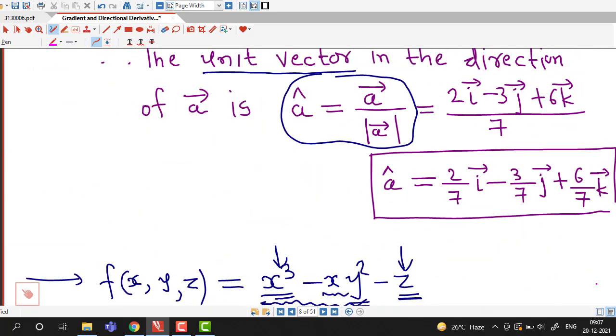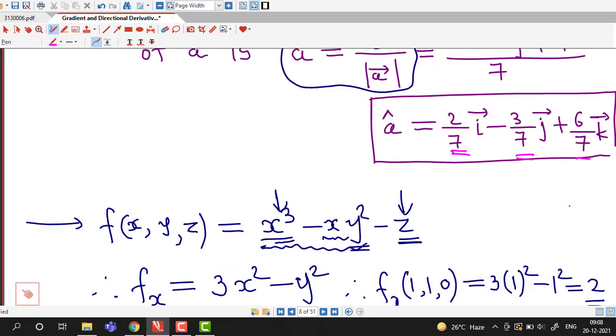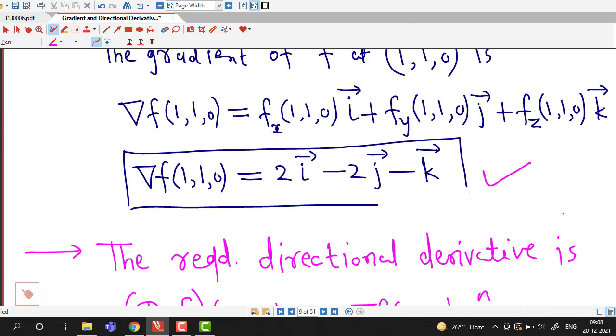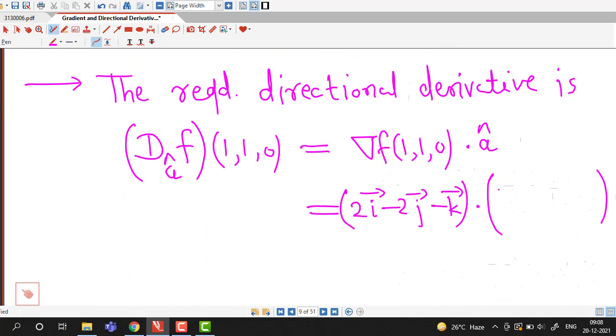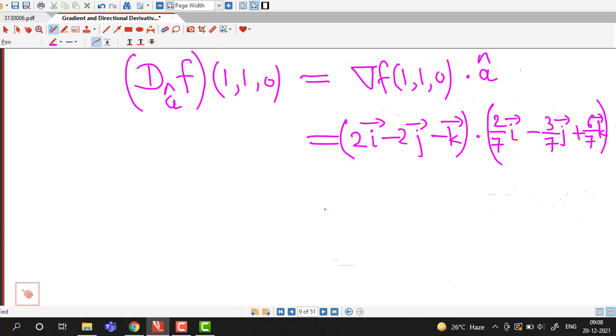And here we write down the unit vector which we have obtained. So a cap is 2 by 7 i minus 3 by 7 j plus 6 by 7 k. For the dot product, we have to multiply corresponding components and add their products.